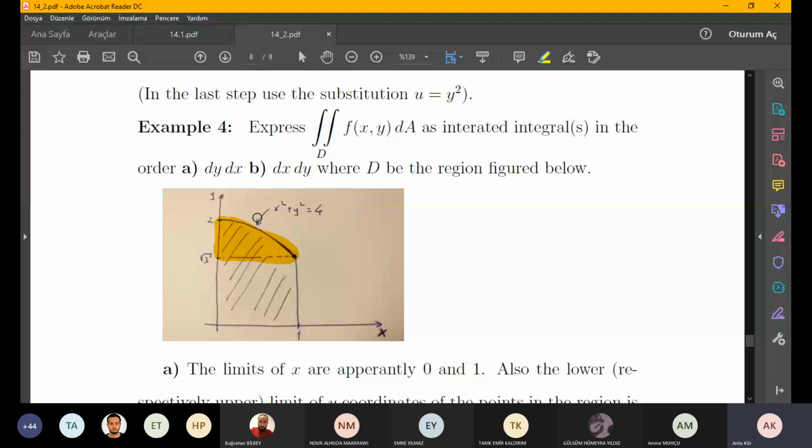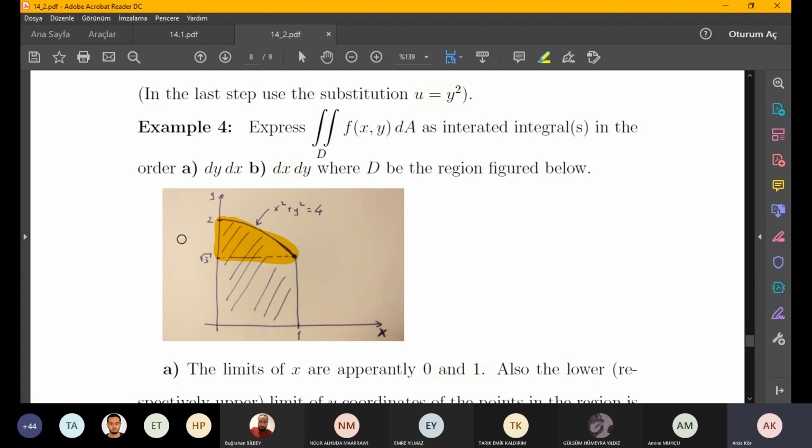For y, the lower limit will be y equals square root of 3, sorry, and the upper limit has to be y equals 2, so it has to be 2.